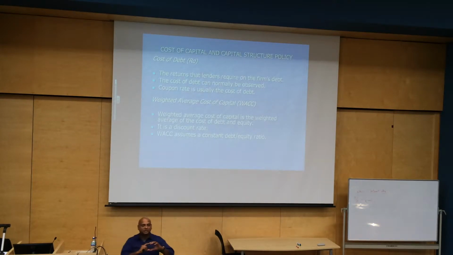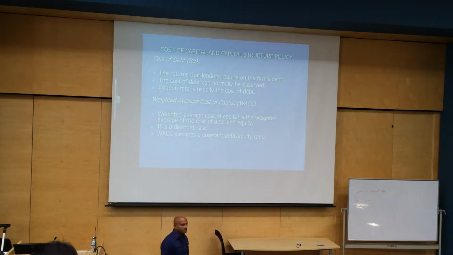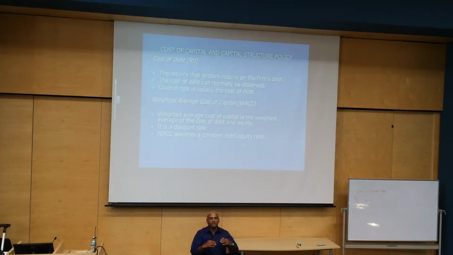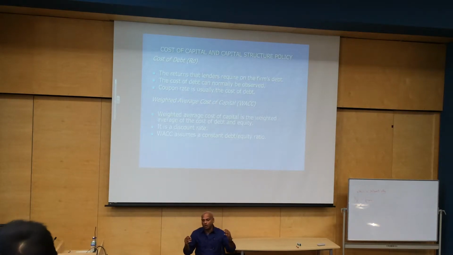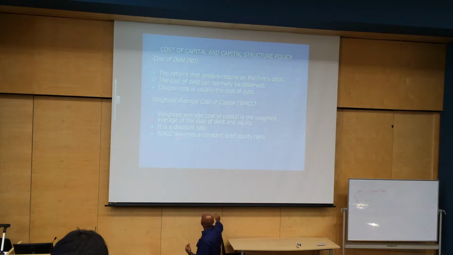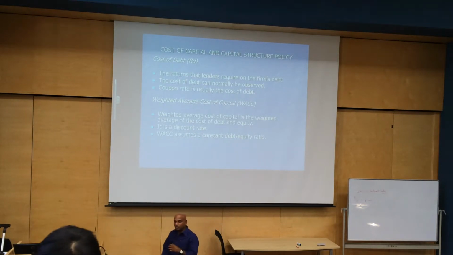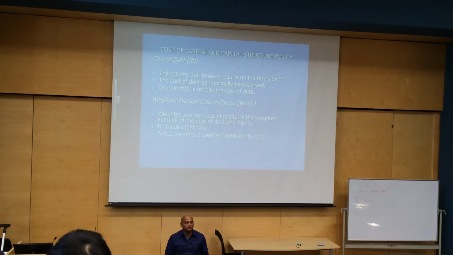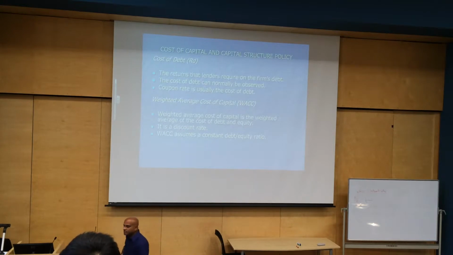Does that mean the size of debt, in pounds or dollars or yen, and equity, also in dollars or yen or pounds, stay the same? The ratio stays the same. Debt may go up, but then equity has to go up. If debt goes down, then equity has to go down. The ratio, they assume, is fixed. This can change and that can change, but the ratio doesn't change. 40% is 40%, 10% is 10%.